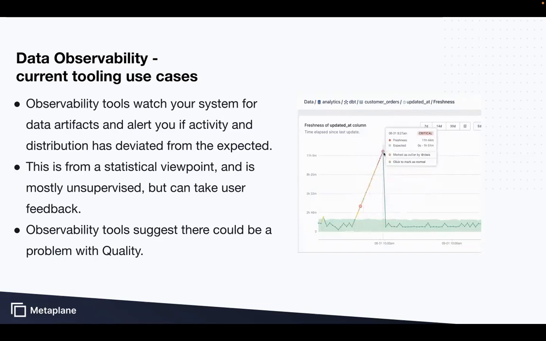This is different, taking into account seasonality, taking into account year-on-year trend, taking into account an allowance for white noise. So observability tools often suggest there could be a problem with quality, there could be a problem with your system uptime, and they aren't quality tools in and of themselves.